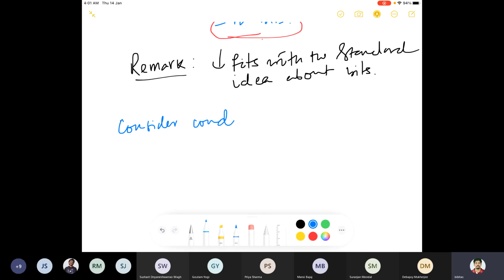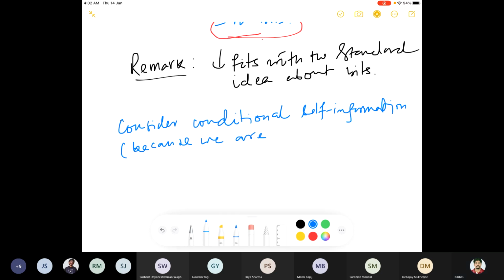What does it mean? Conditional self information. Why are we introducing this concept? Because we are living in a joint sample space.